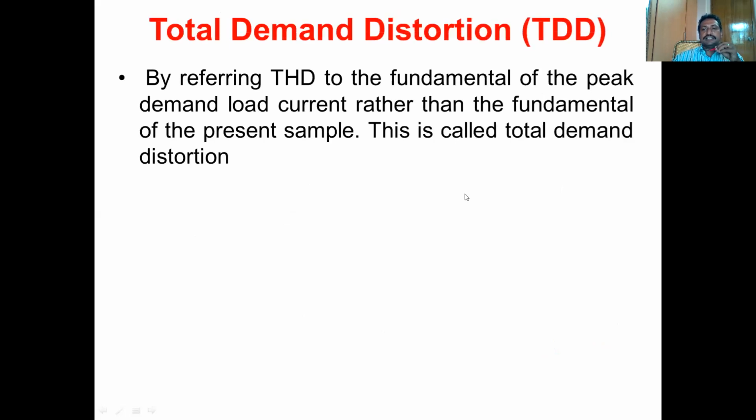Next, total demand distortion. Very simple here. This is equal to the total harmonic distortion, but the peak demand load current is used in case of the distortion rather than the fundamental of the present sample. That is the difference.